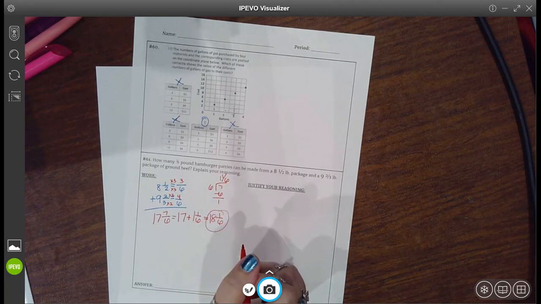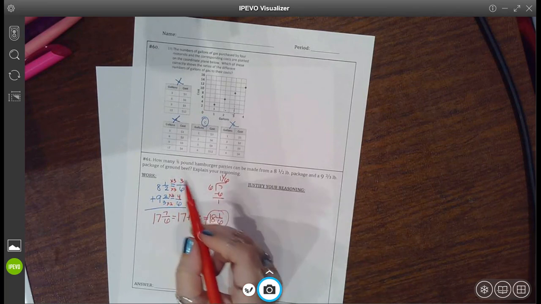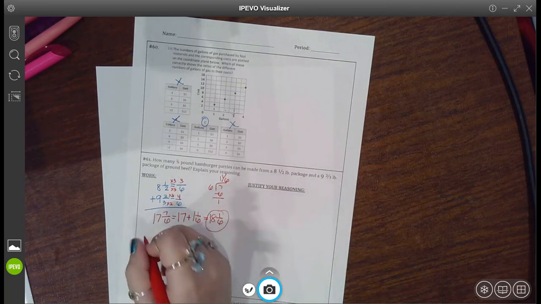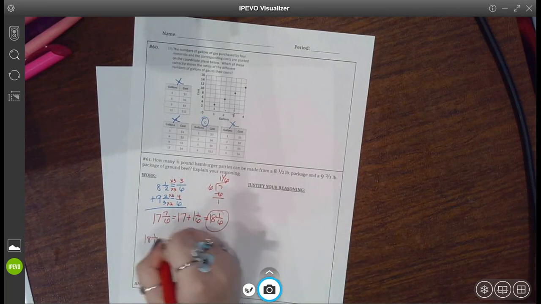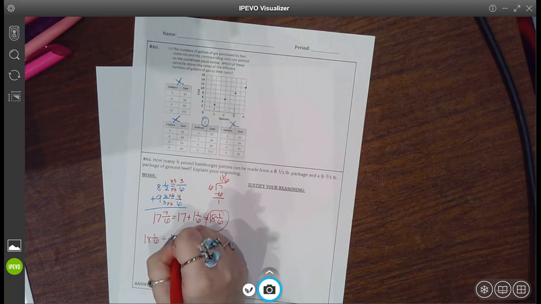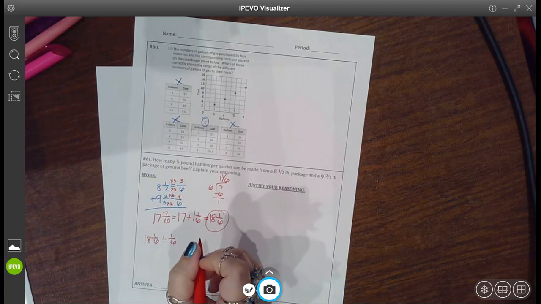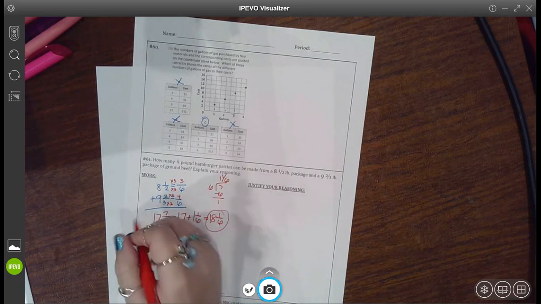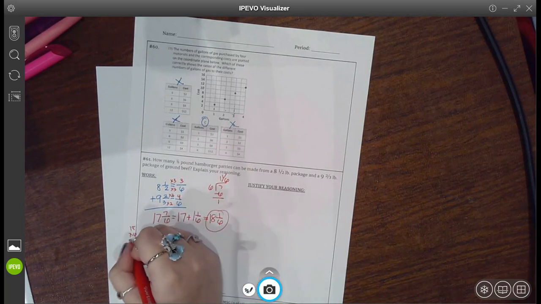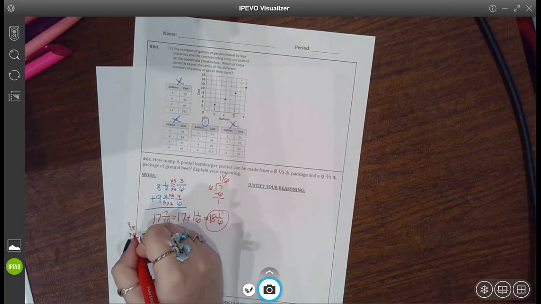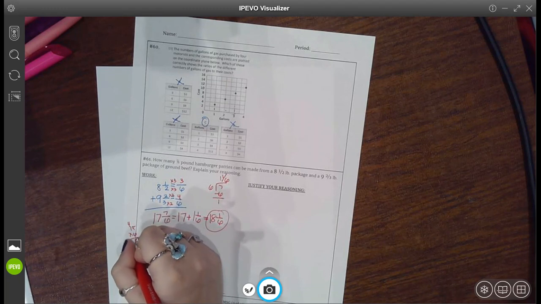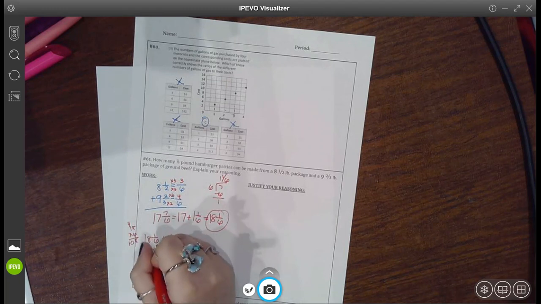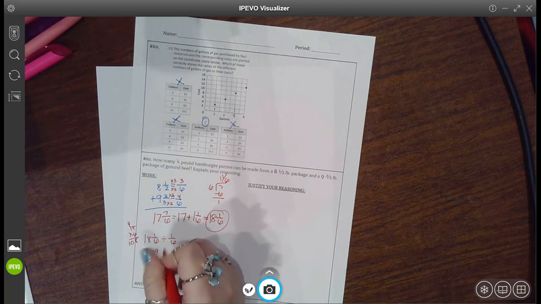So I have this total amount of meat, and it requires 1/6 to make each one. So I'm going to take my total amount and divide it by how much it requires for just one. So 18 times 6, 108, plus 1 is 109 over 6.